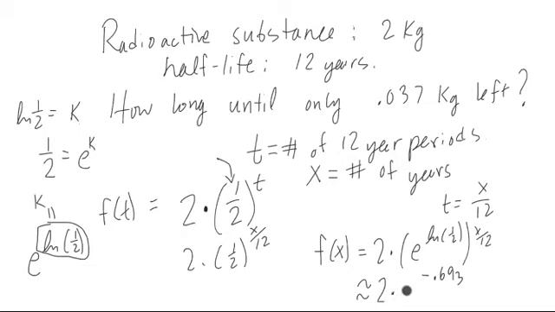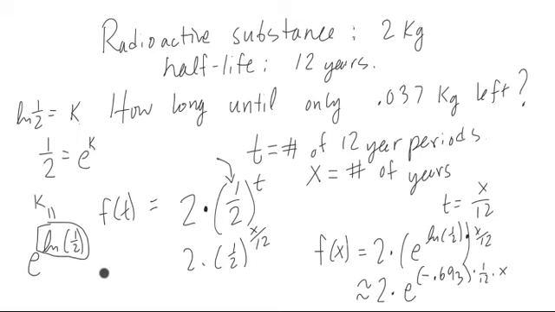So 2 times, and this is e to this, but then what happens here? You multiply these exponents together. So it's this multiplied by 2. And if you want, you can separate this x over 12 as 1/12 times x. Now you just multiply those together and you get approximately negative 0.058 in the exponent.